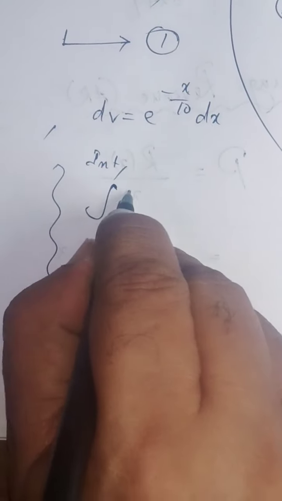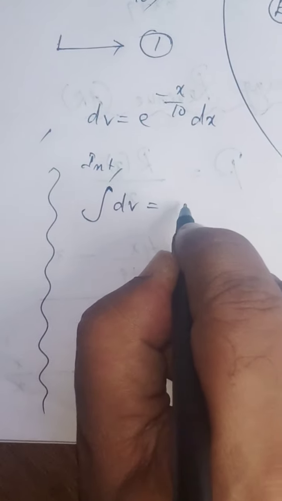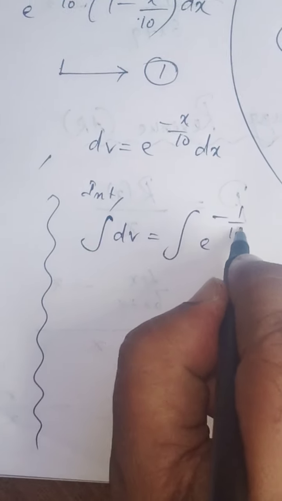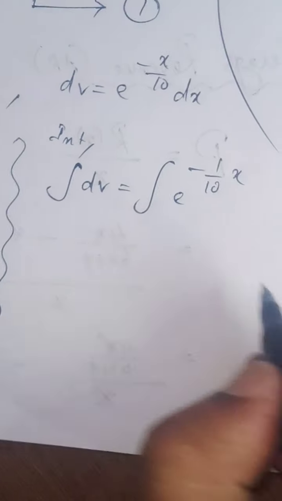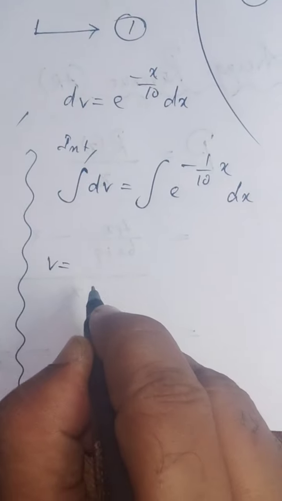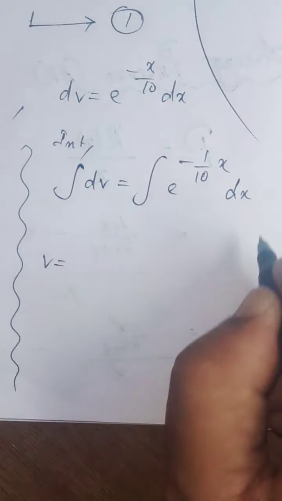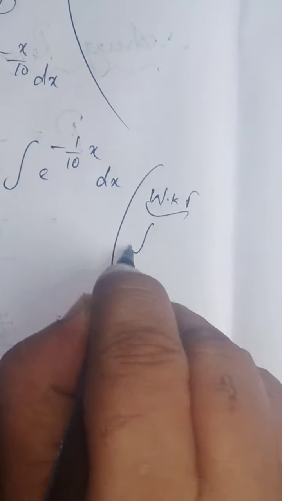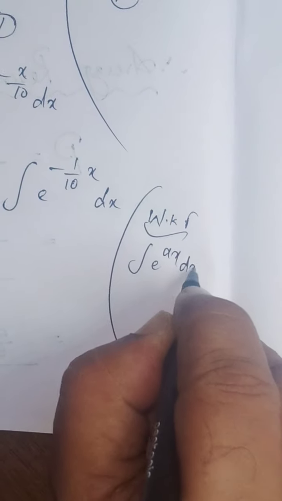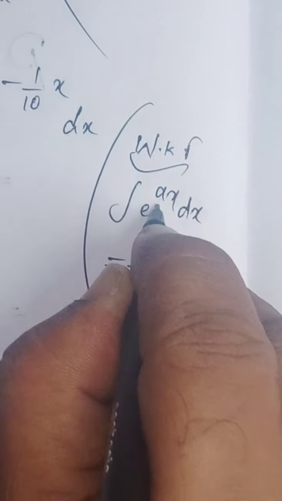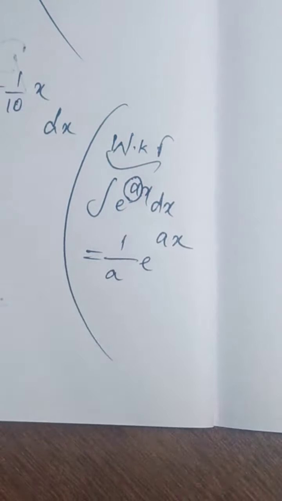Now integrate on both sides. Integral dv equals integral e^(-x/10), or e^(-1/10 x), same only, dx. Integral dv is v. We know that the integration of e^(ax) dx is 1/a e^(ax). What is a? a is the coefficient of x.